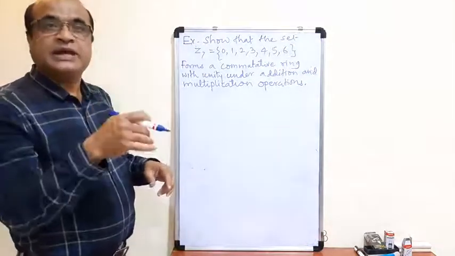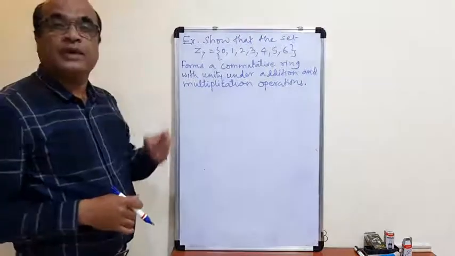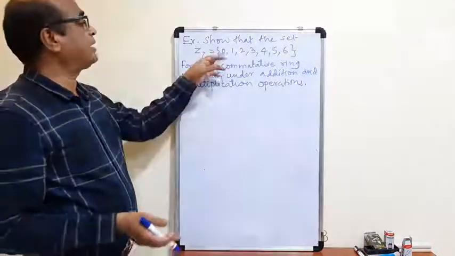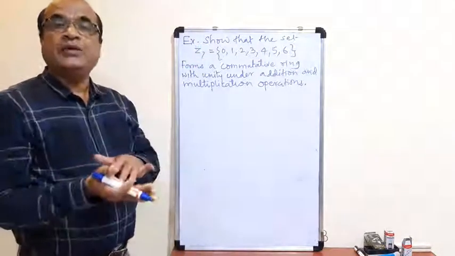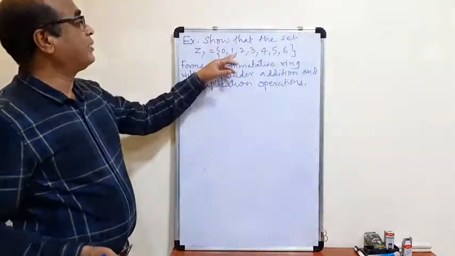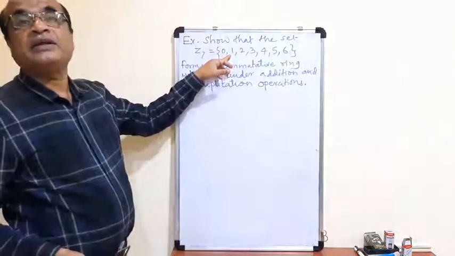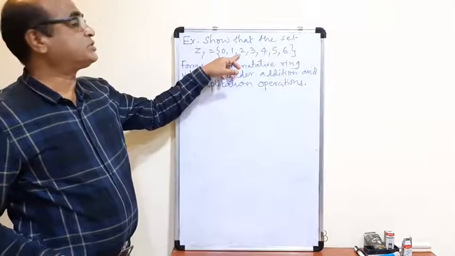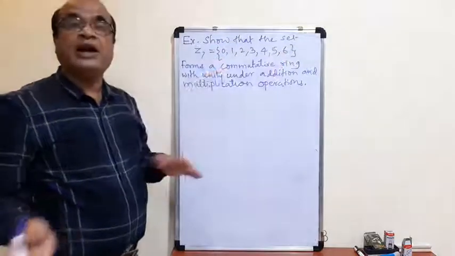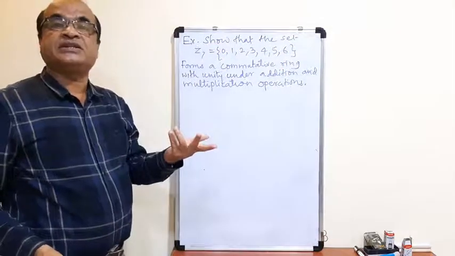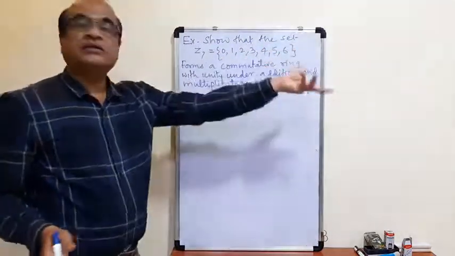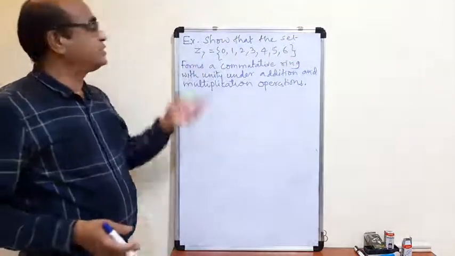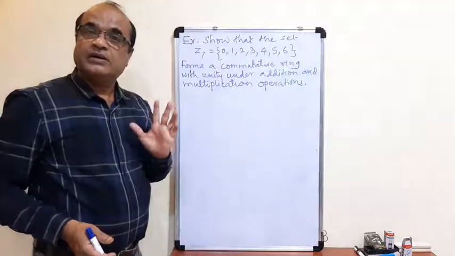If 0 is divided by 7, the remainder is 0. If 1 is divided by 7, the remainder is 1. 2 divided by 7, the remainder is 2. And so on. 6 divided by 7, the remainder is 6. Again, these numbers are repeated. So this is the Z7 set.